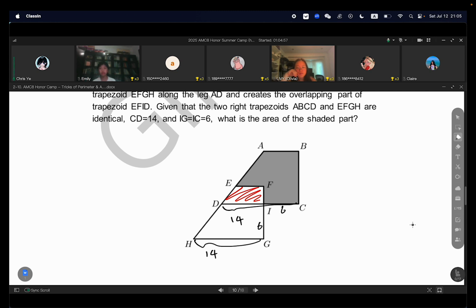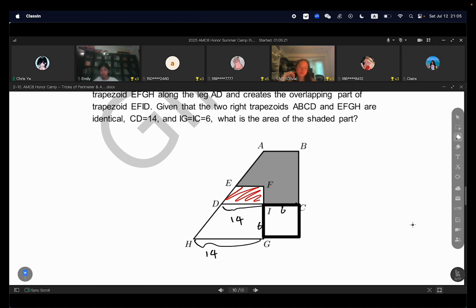Usually when you see this type of problem, our first instinct would maybe be to create a full trapezoid like this, right? However, we don't know what AB is, and let's say this is O, so we can't use this method. I'm going to delete it.